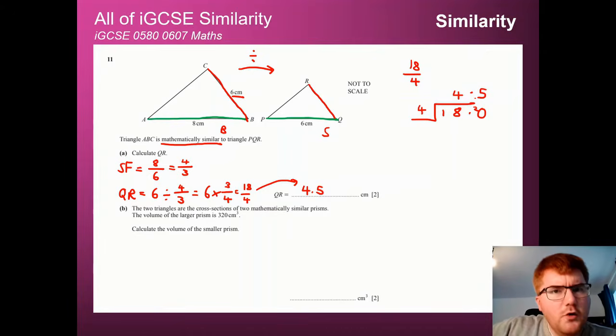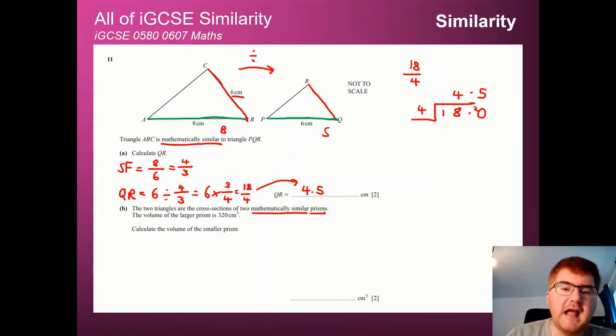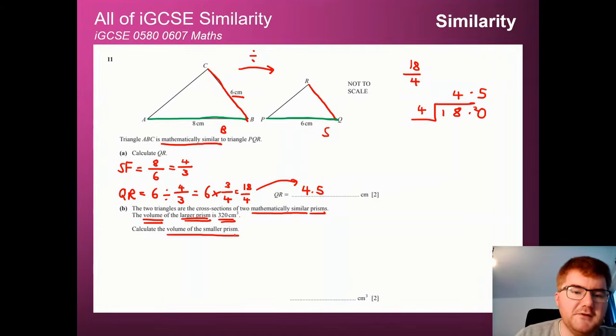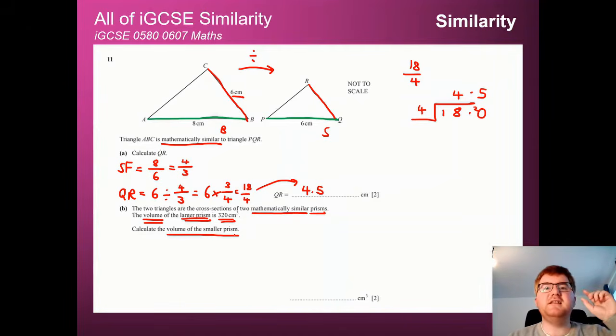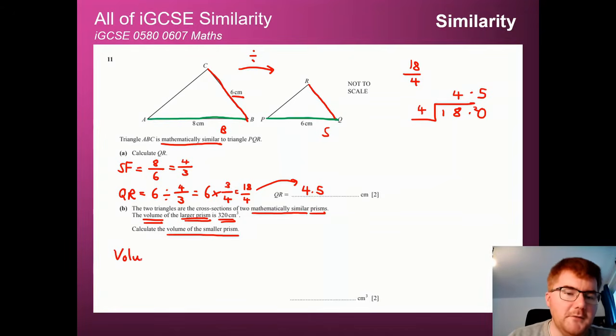And a very normal follow-up question to this is they'll do something to do with prisms here, so mathematically similar prisms. And the way I read this question is the volume, so that's really important here, of the larger prism is 320. We want the volume of the smaller prism. So as soon as I think of volume, I'm going to be thinking of volume scale factor.